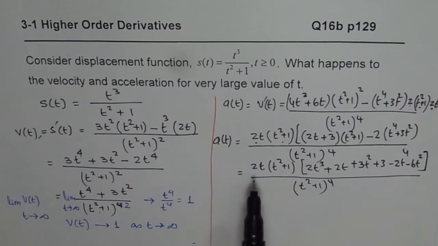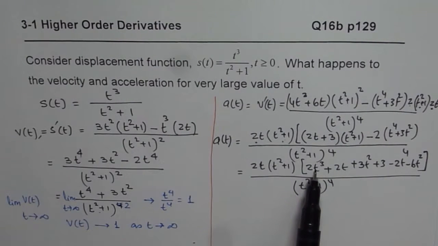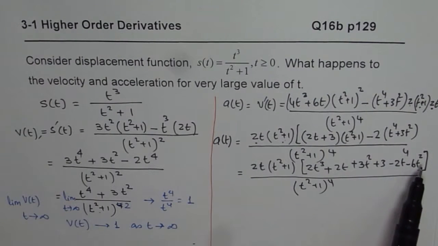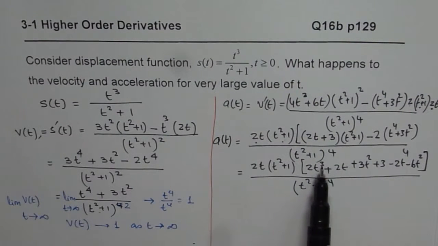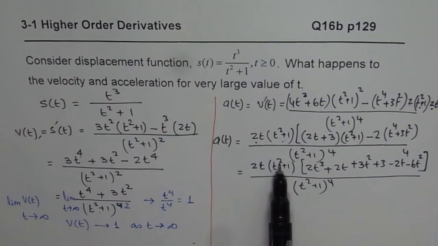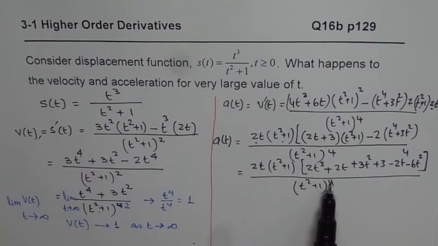If you multiply the t's, what is the degree of the numerator? I'm not simplifying it, but I'm just saying the degree inside here is 3. 3 times 3 plus 2 is 5. 5 plus 1 is 6. And the degree in the denominator is 8, right?